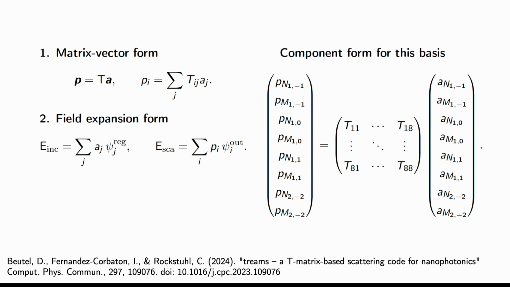In theory, the matrix is infinite, but numerically we keep only the first several terms, up to some maximum multipolar order. Take, for example, a complex rotating electric dipole multipole, which is the first basis function. The first column of the T-matrix gives the coefficients in front of all outgoing multipoles when the object is illuminated only by this incident dipole. The same is true for every other column and every other incident multipole.